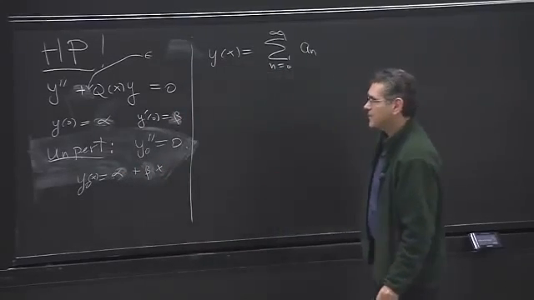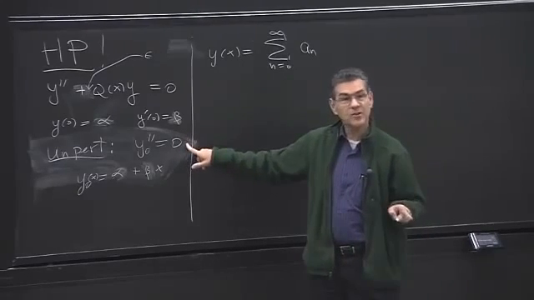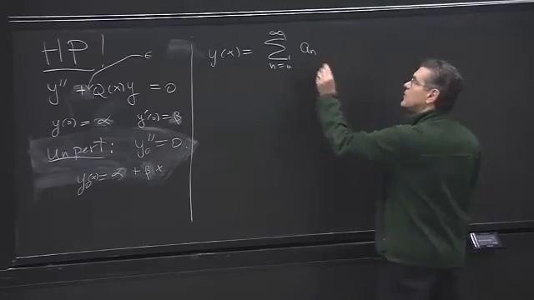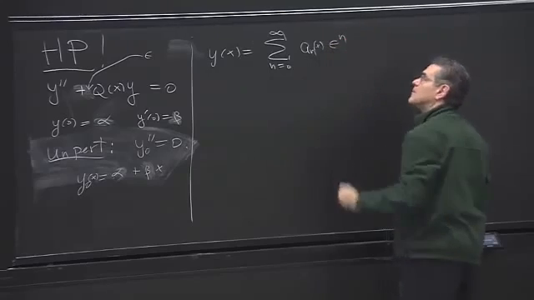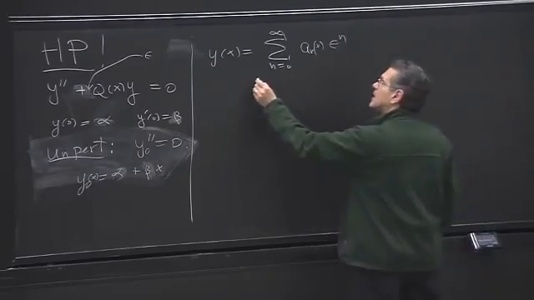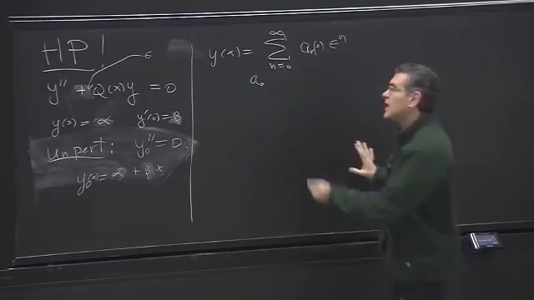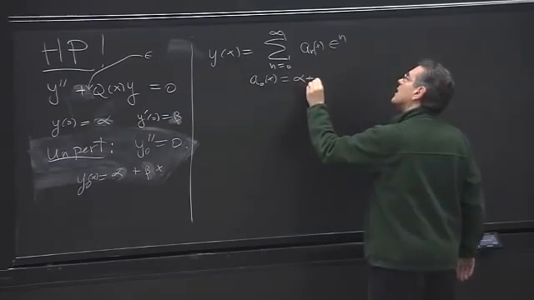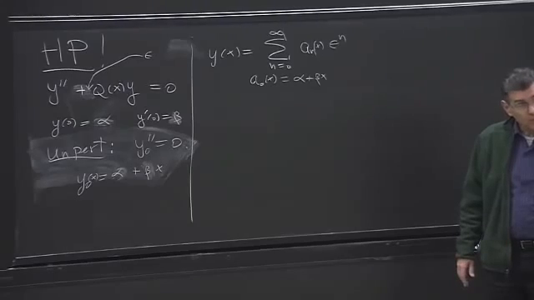You should never ever do that because it screws up everybody's notes. So when you teach, don't ever do what I just did. So now this is a sub n of x times epsilon to the n. And we know that the unperturbed solution, a0 of x, is alpha plus beta x. Does everybody see what we're doing here?